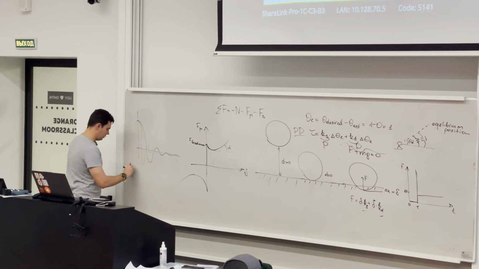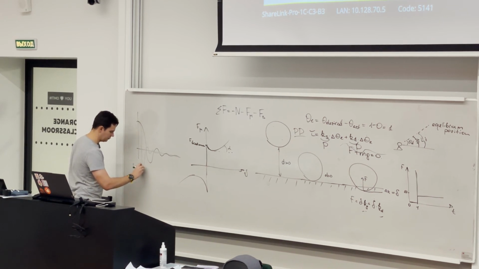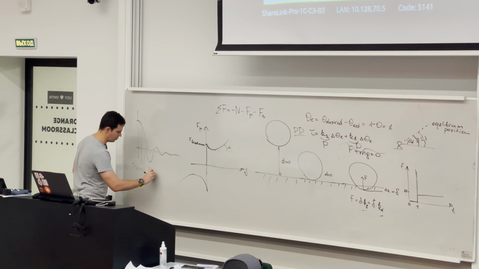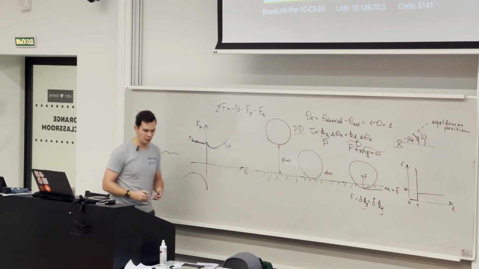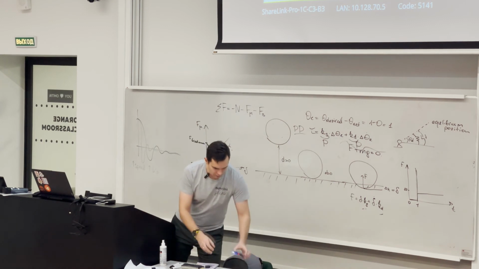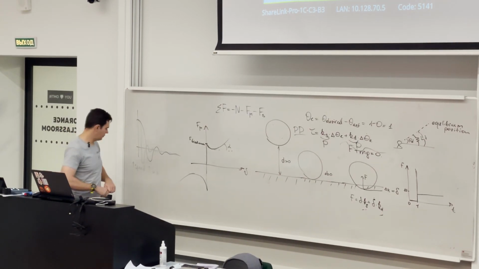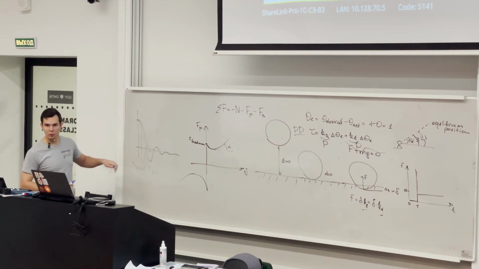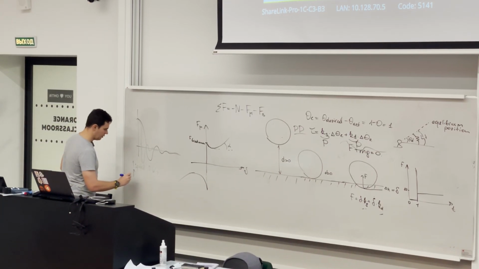So in order to increase speed, we need to increase the proportional coefficient. In order to get rid of damping, what kind of coefficient do we need to increase? The derivative one.